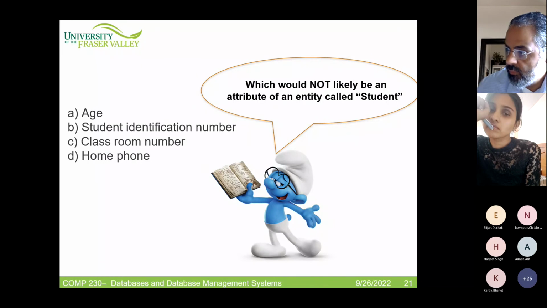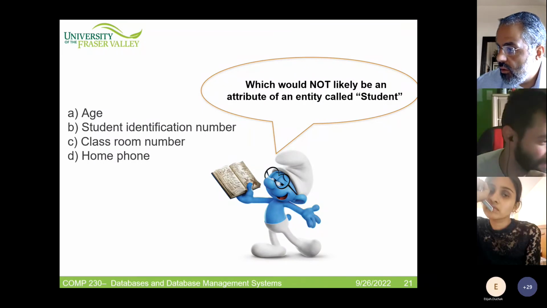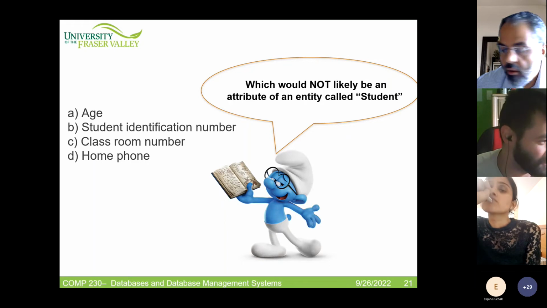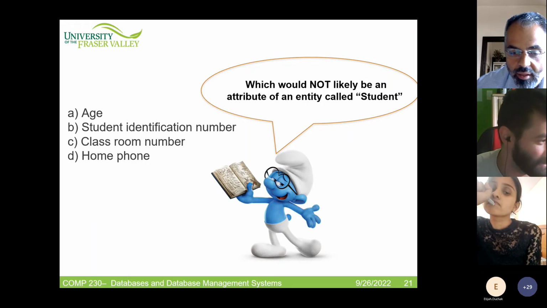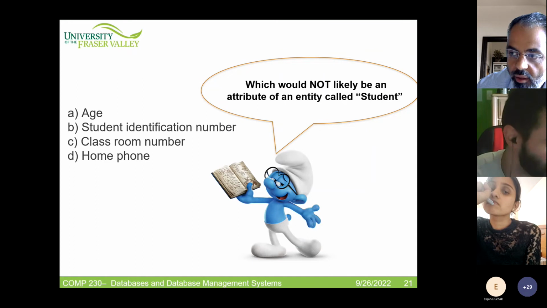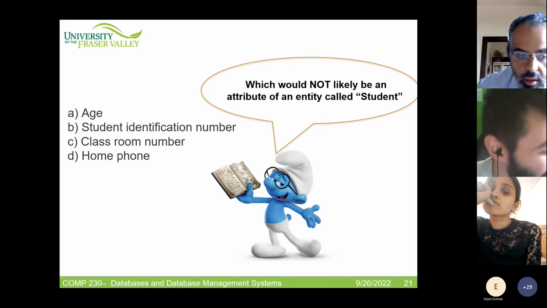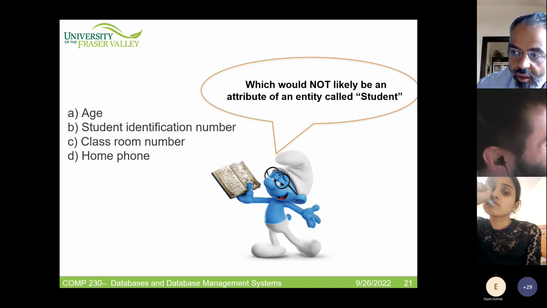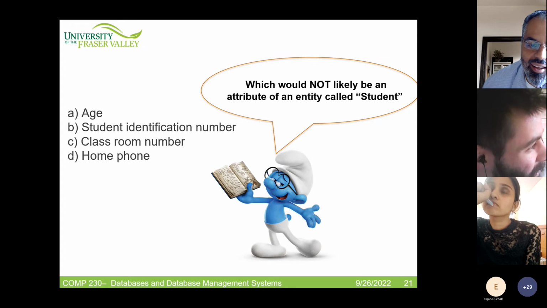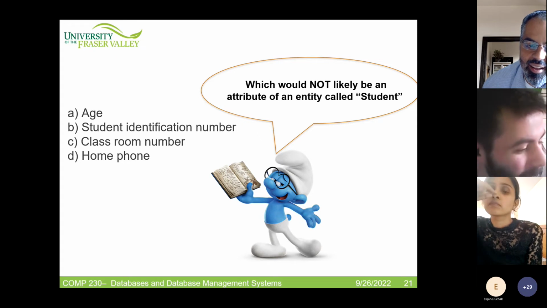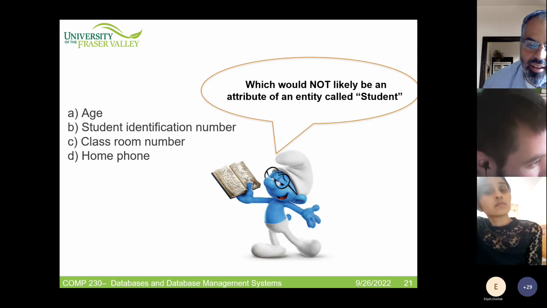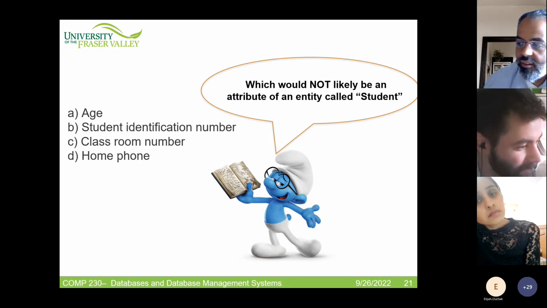I think it's classroom number for those reasons, like the others said, it doesn't describe the student, and also there will be multiple classes for the student. I see. Thank you.